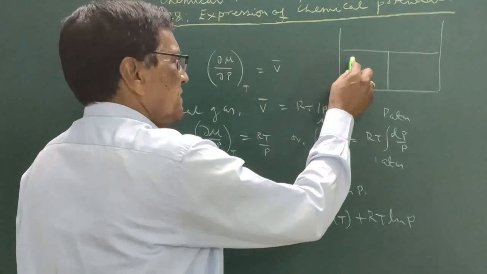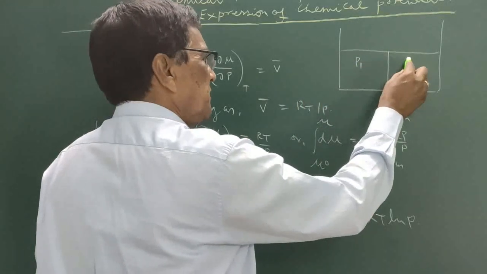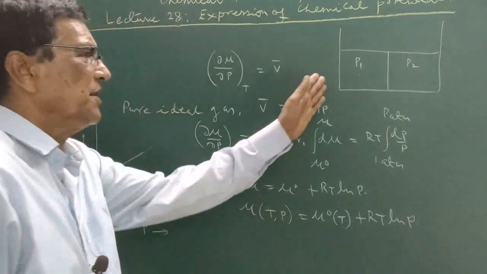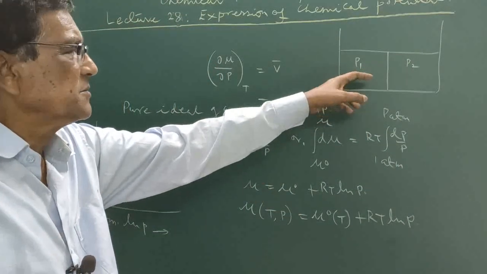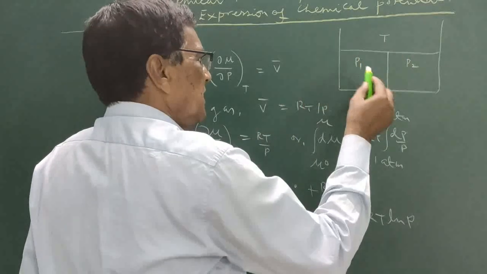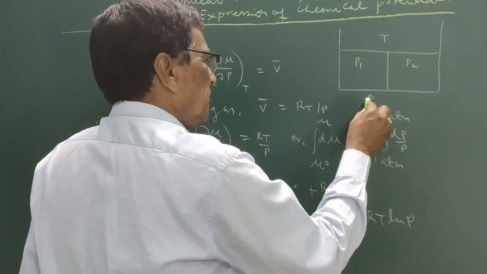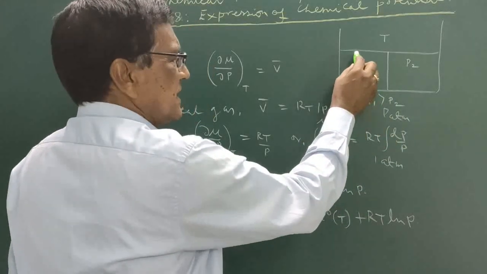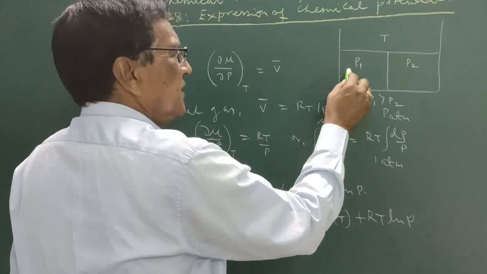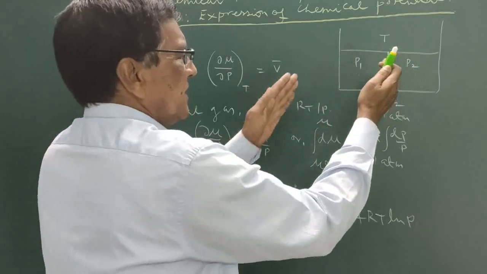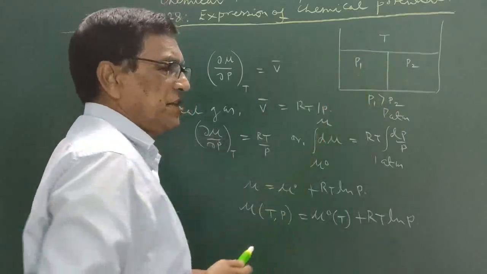Here the pressure is P1, here the pressure is P2. Both have the same gas, say hydrogen gas, in both compartments, at temperature T, and P1 is greater than P2. That means the gas here remains at high pressure, and here at lower pressure. So they are totally separated by this partition.